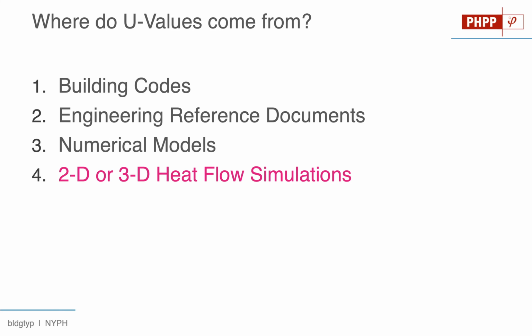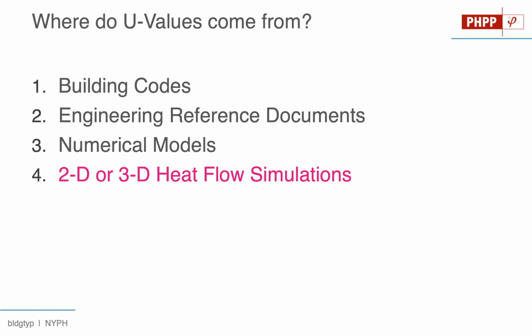Or you might use something like a 2 or 3-dimensional heat transfer simulation, something like Therm or Flixo or Scytherm, Passitherm, Mole, Dartwin. Any of those different programs would be able to calculate a U value as well. So actually quite a few different places, quite a few different methods that we can use to determine U values for our assemblies. So U values are very important, and it's important for us to calculate them accurately.